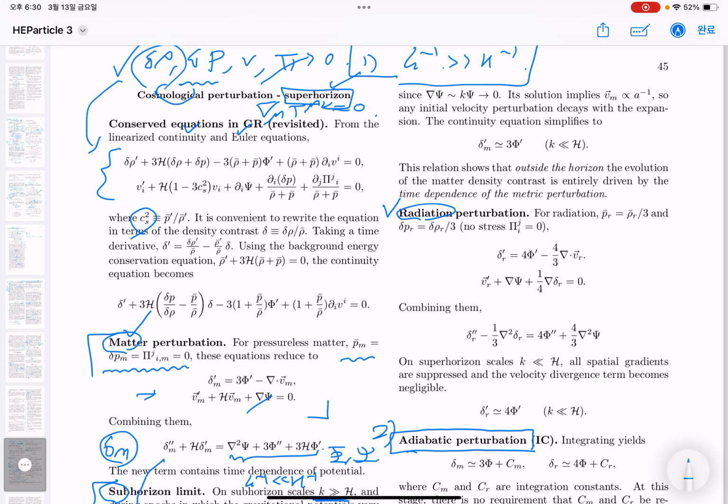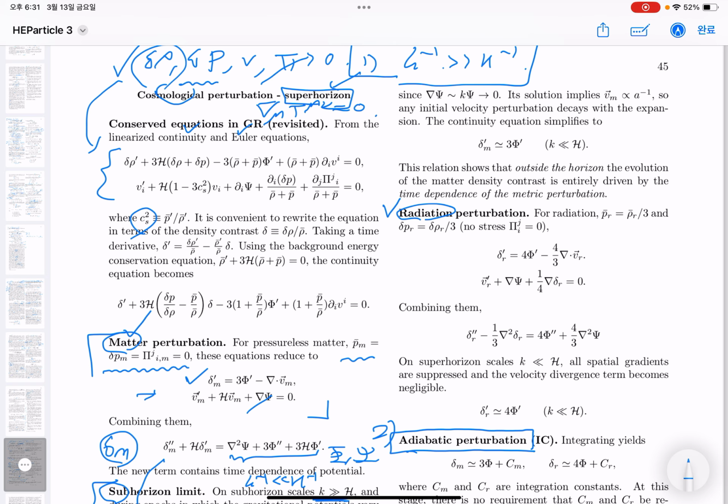For example, from the Euler equation, the velocity of the matter decays with h to the minus 1, where h is the scale factor here. And also for the continuity equation, because the nabla terms can be ignored, delta m prime is just 3 times the time derivative of the scalar potential.